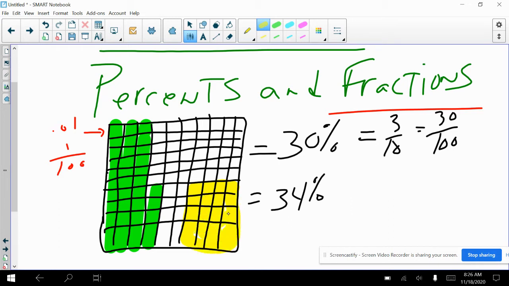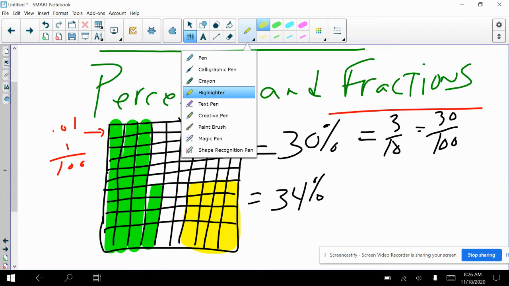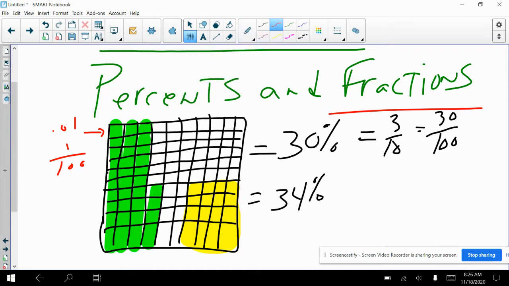Now forget about the green. Think of the green as being all white. Now we're just looking at the yellow blocks. The green columns are white. Imagine that they're not there. So what percentage here would we have in the yellow?